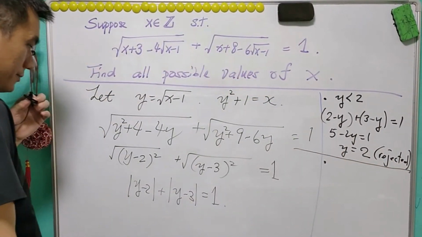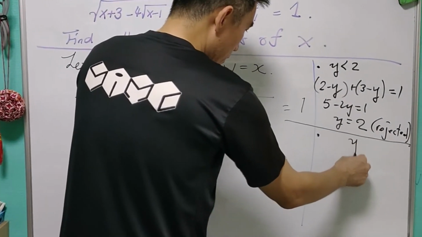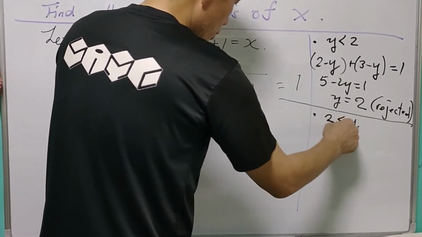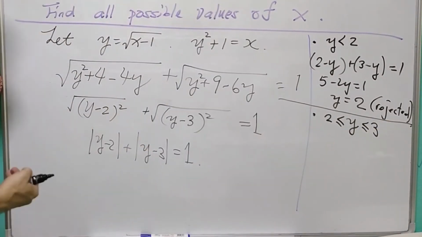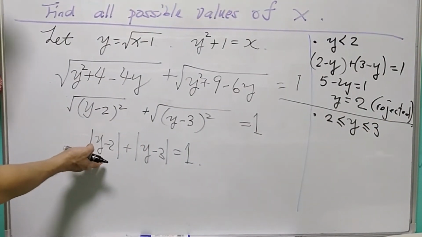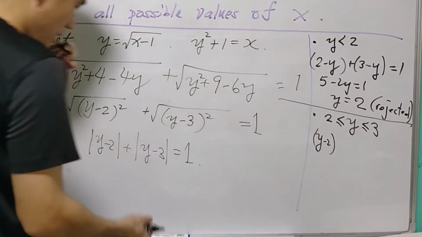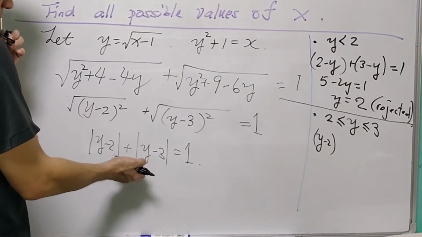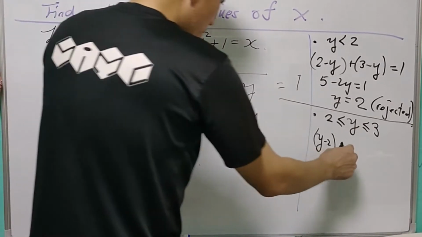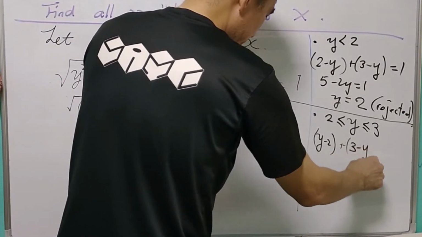For the second case, we will write y in between 2 and 3. If y is in between 2 and 3, the modulus of y minus 2 is still y minus 2. And the modulus of y minus 3 will equal 3 minus y.